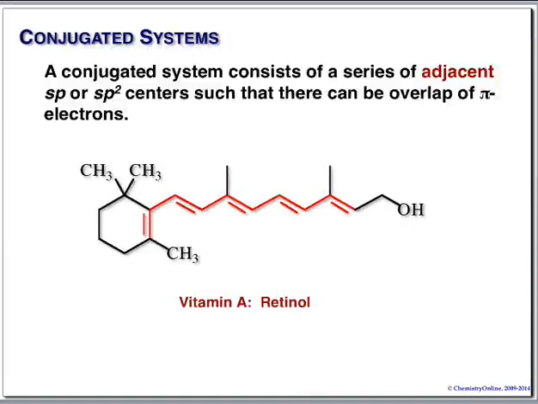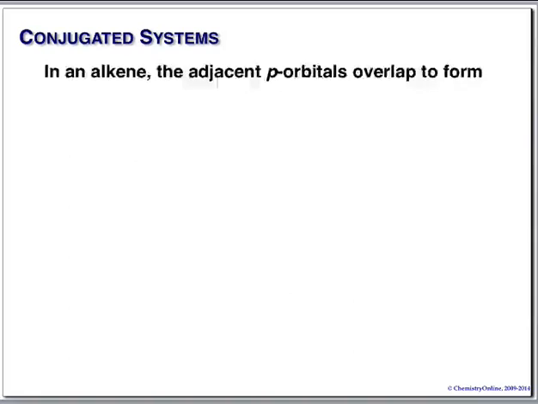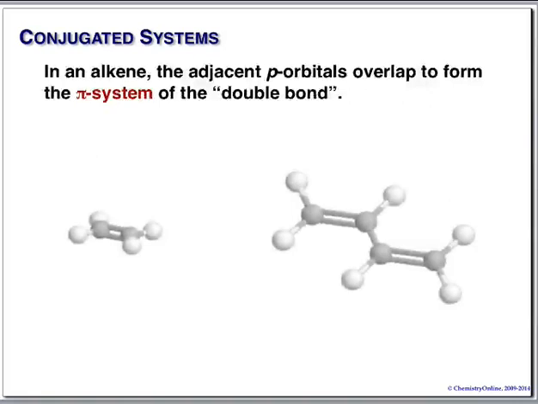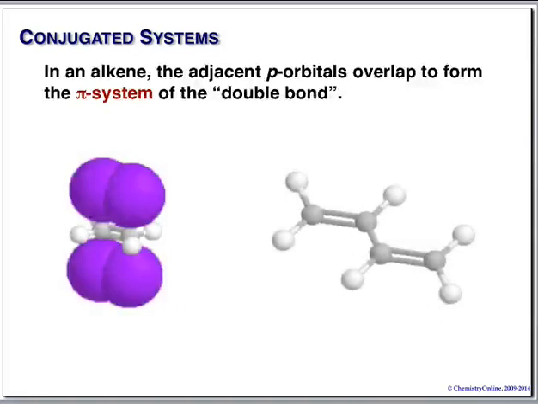where all these double bonds and their pi systems overlap. Now, when we say they overlap, remember when we talk about a simple alkene, the double bond in an alkene is formed by the p orbitals on the adjacent sp squared carbons, and they overlap, and this makes what we refer to as our pi bond, our second bond.